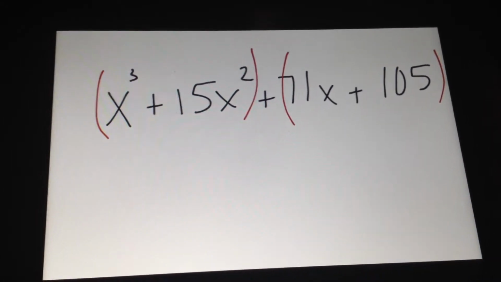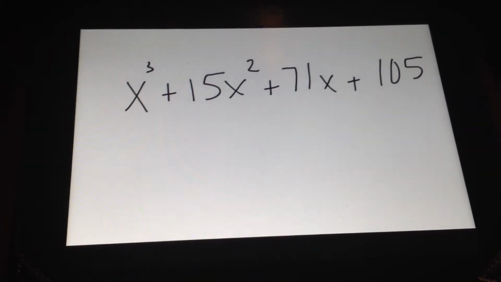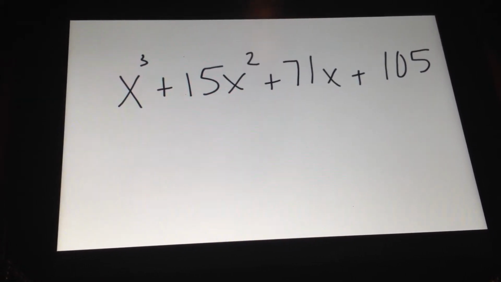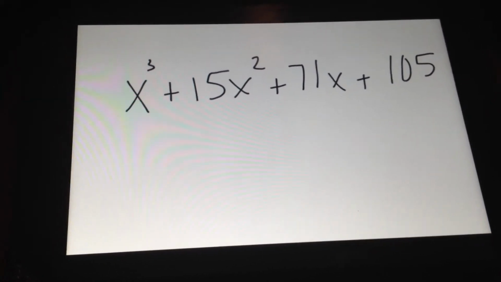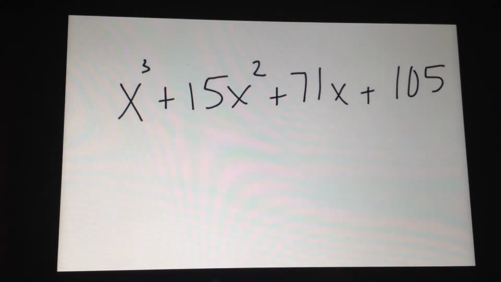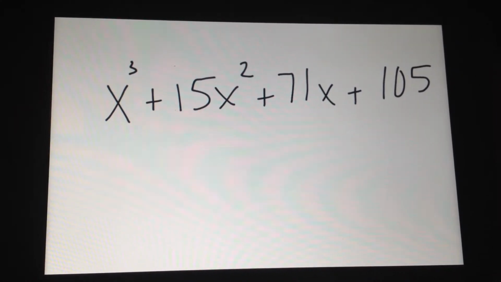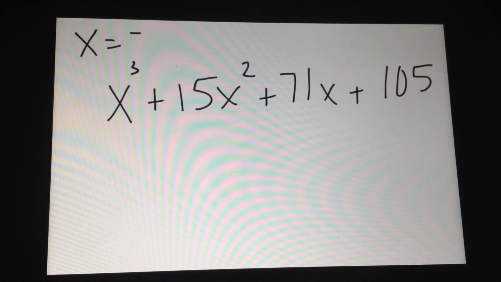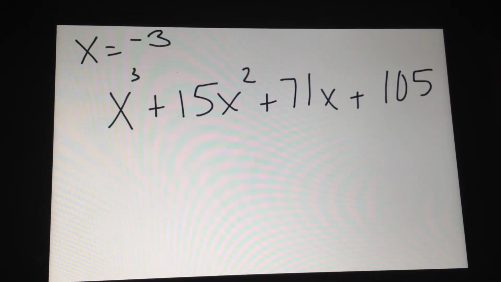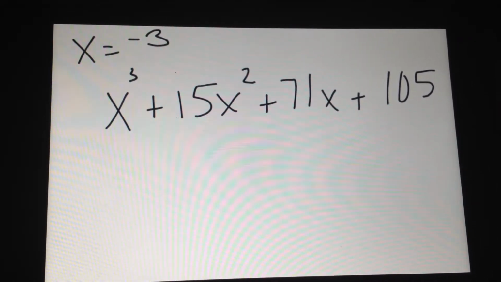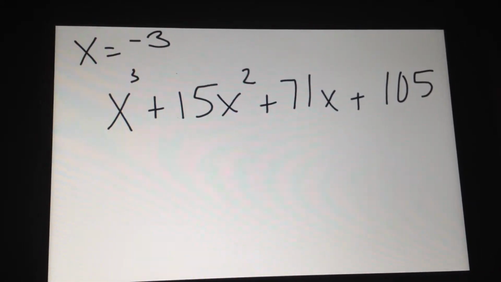So now we know that grouping will not work because the ratios are different. So we have to go to the second way of factoring a 4-term function, which is dividing. Now when you divide, you usually have an x-intercept. So I'm just going to tell you that this has an x-intercept of x equals -1. So we have to divide it by the x-intercept.